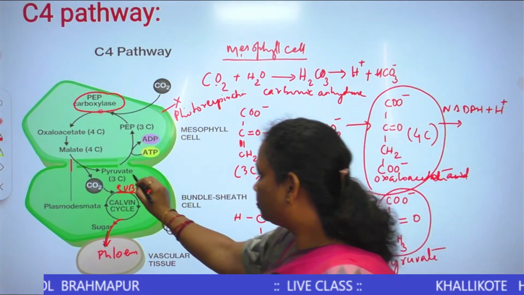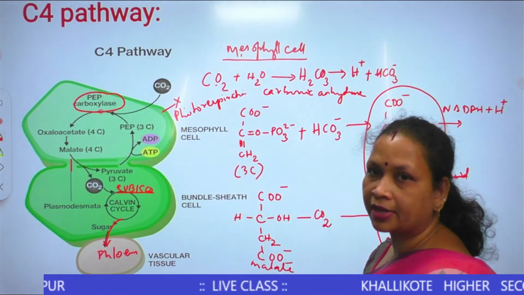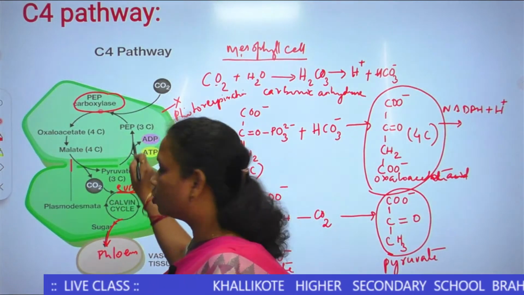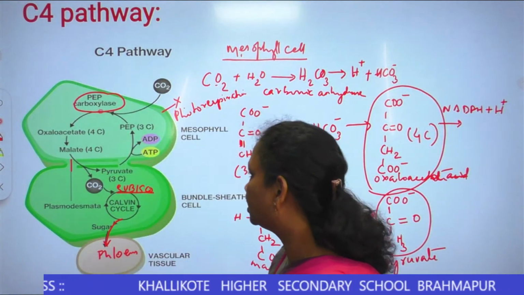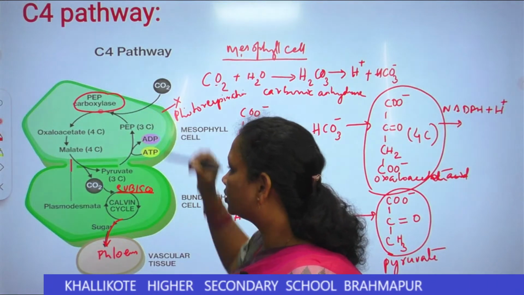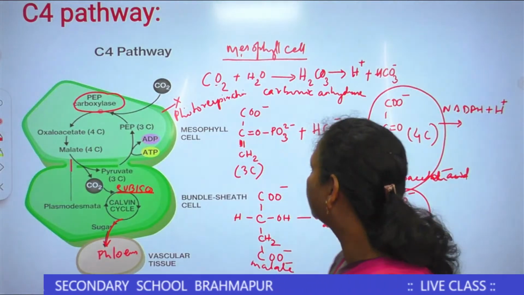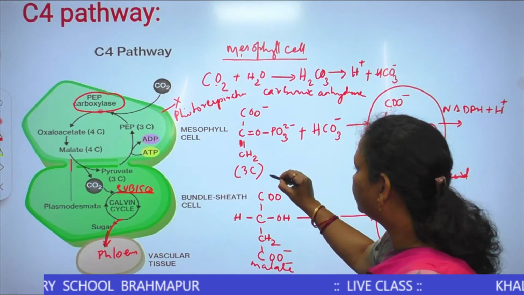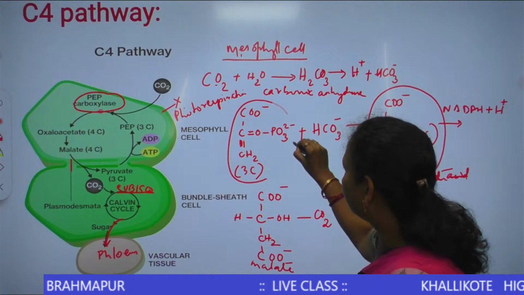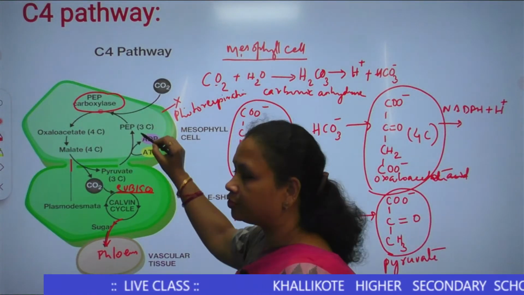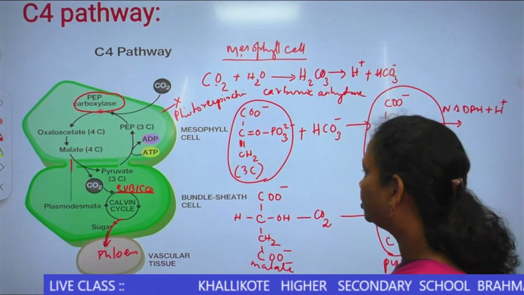So coming to pyruvate, what happens to the pyruvate that is formed? The pyruvate that is formed again goes back through the plasmodesmata and then is converted, or it regenerates back the PEP molecule, that is the first molecule that was accepting carbon dioxide. So the change of pyruvate into phosphoenol pyruvate.